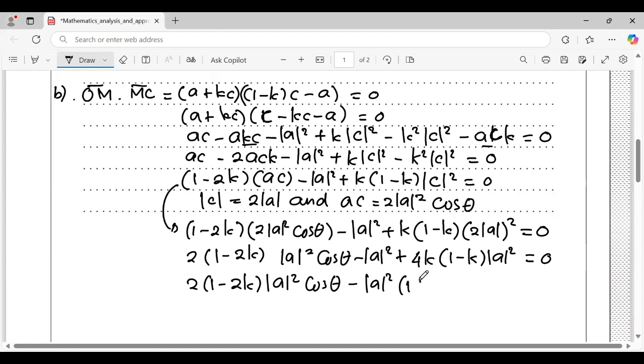So 1 plus 4K minus 4K squared. Okay, so 4K times 1 is 4K, and 4K times K is 4K squared, because we factorize this one.